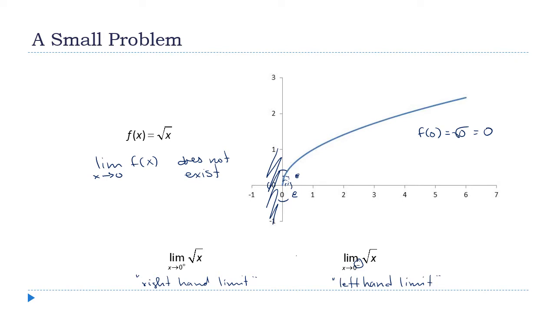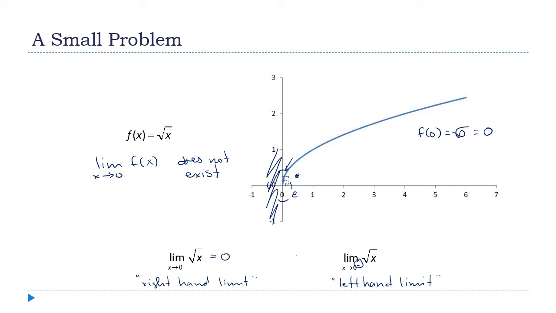And from the right-hand side, the function is doing good things. It's defined over there, and as the x values get closer to 0, the y values get closer to 0, and that is what this limit equals.